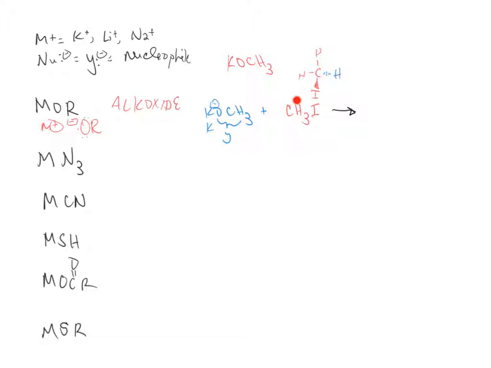So something has to leave. What do we have over here that's a good leaving group? Is it going to be a hydrogen that has to leave with electrons? Is it going to be the carbon that leaves with electrons? Or is it going to be the iodine that leaves with electrons? Iodine. Okay, halogens are a good leaving group. I've said that multiple times now. Hopefully it starts to sink in. So the mechanism is really simple here. Boom.